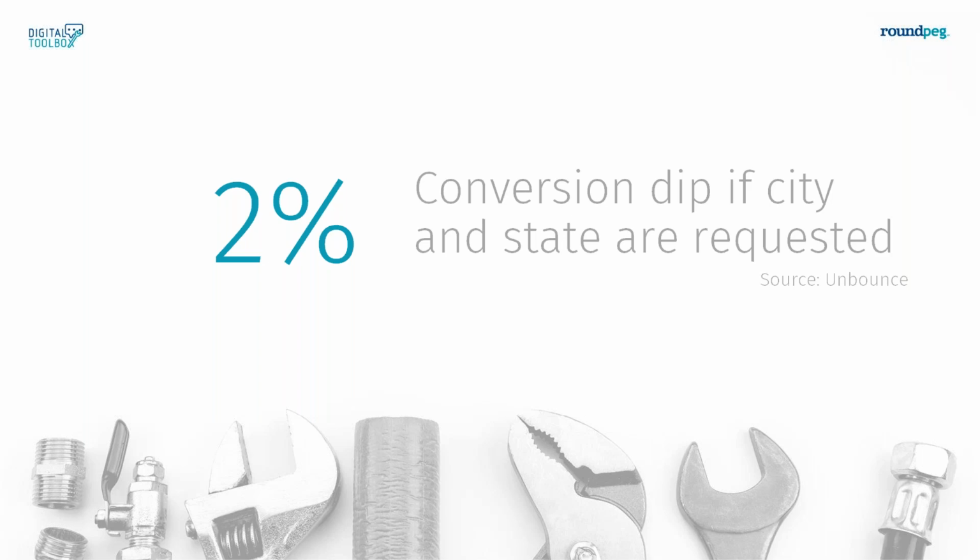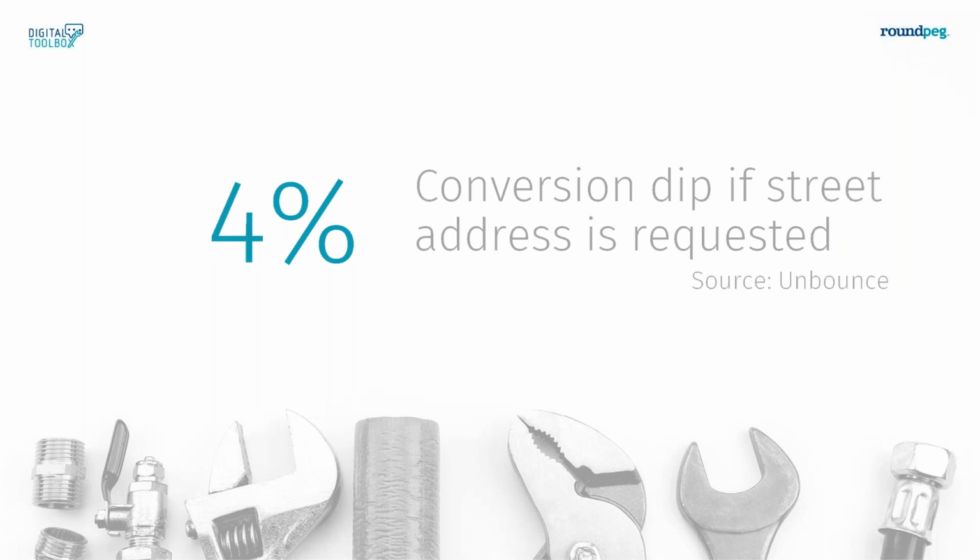You're going to have additional chances to ask them other information. And you see a 4% dip if the street address is requested. Unless you are going to mail them, physical mail, a letter after the very first interaction, do not include this field.